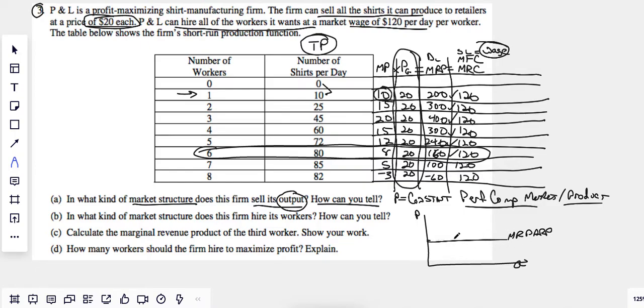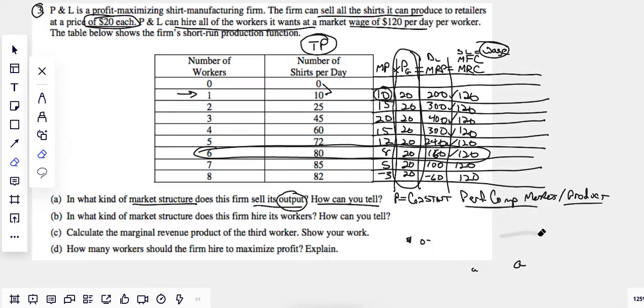It doesn't change. The price of the good is $20, and the only way we find our profit max is where marginal cost and demand meet. But they can sell all they want at that same price. It doesn't change. So price is constant. We know it's a perfectly competitive product market.